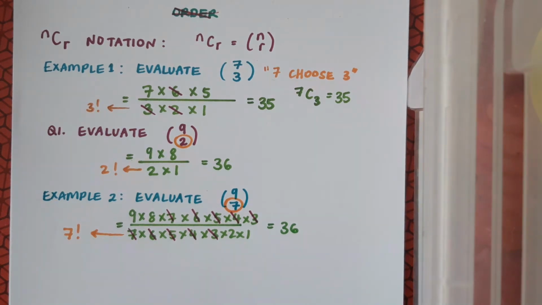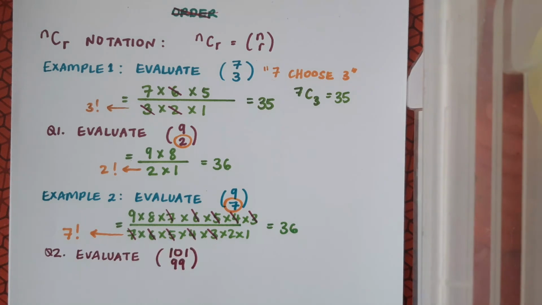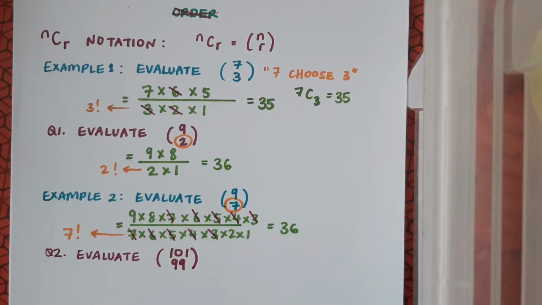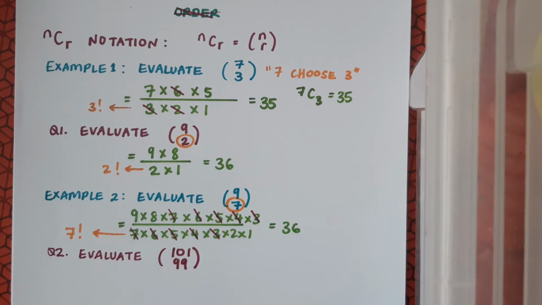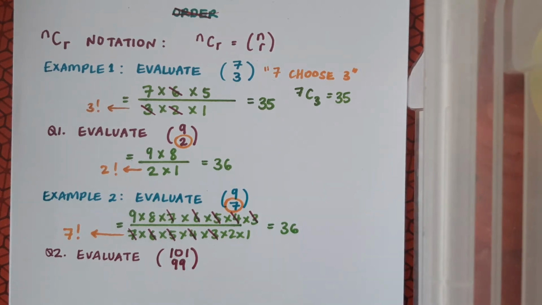And we can use this to our advantage because it means we can simplify what look like difficult long questions into much easier ones. So your question now is to evaluate 101 choose 99, but be clever about it. Don't use the calculator though. Okay, so the idea of writing down 101 by 98 other digits across the top is just ridiculous.